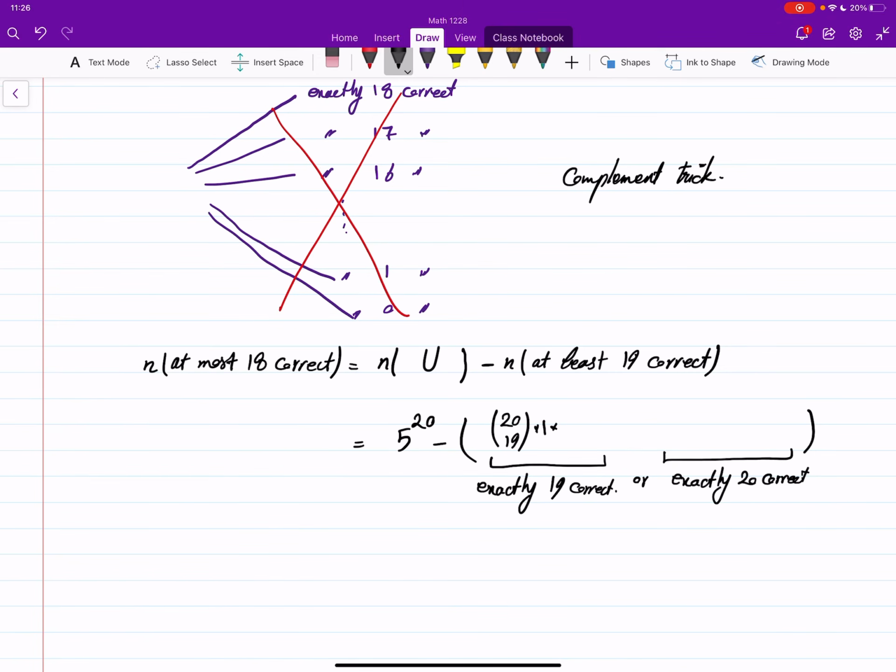And then for the rest, there's only one left that you have to make sure you choose the wrong answer. There are 4 wrong options there. Or you choose all 20, answering all of them correctly. That will give you exactly 20 correct. And then you add these two, and the answer is 5 to the power 20 minus these.